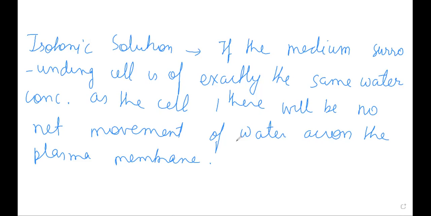If we put it in isotonic solution, you can write this point by marking it with a star. There will be no net movement of water across.